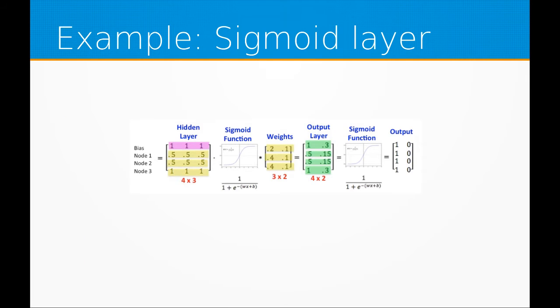So for example, this is the sigmoid layer. You have the hidden layer, which is basically the output of the previous layer, and you can see the biases that you add.